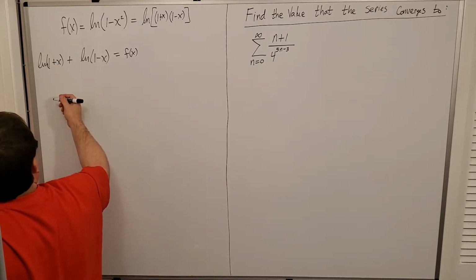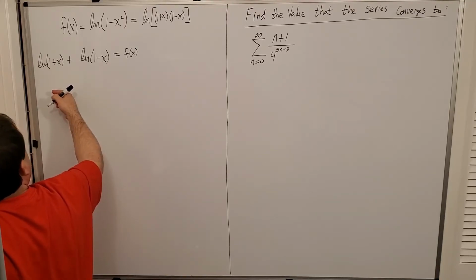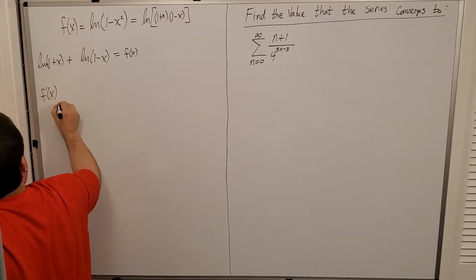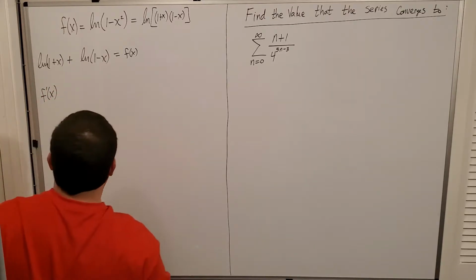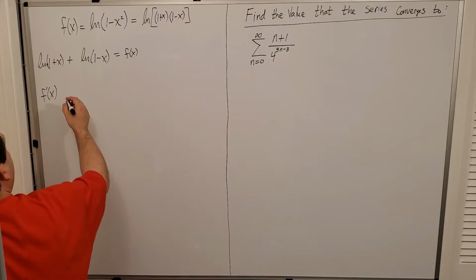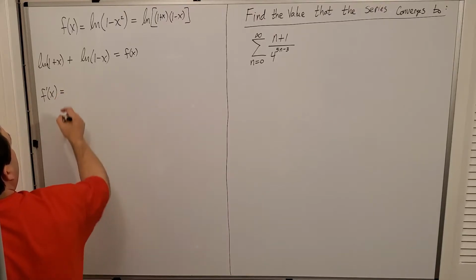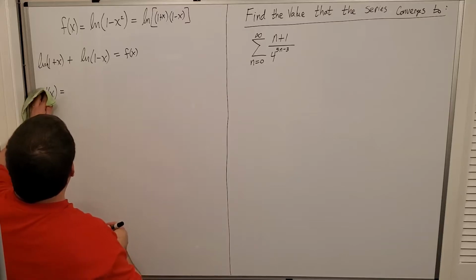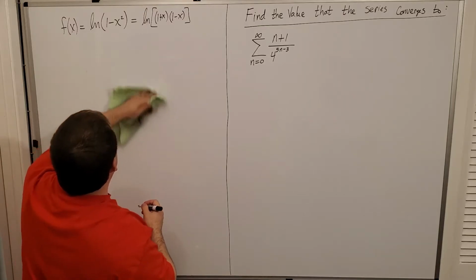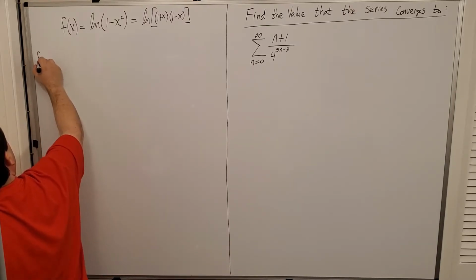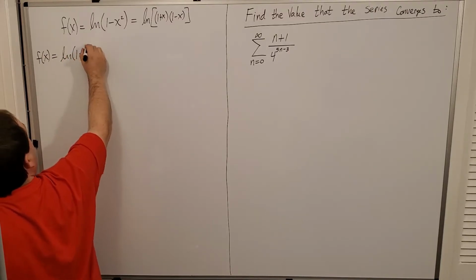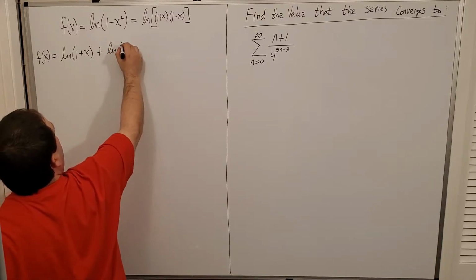And then from here, I'm going to take a derivative of this. F prime is going to be equal to the derivative of each of these. You know what? Let me line this up better. So f of x is equal to ln 1 plus x plus ln 1 minus x.